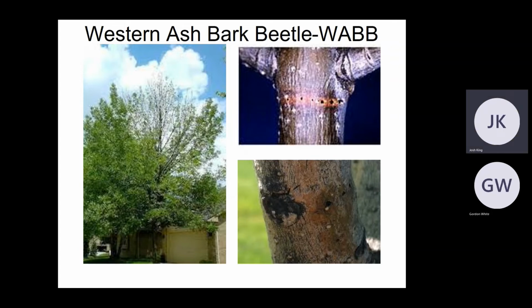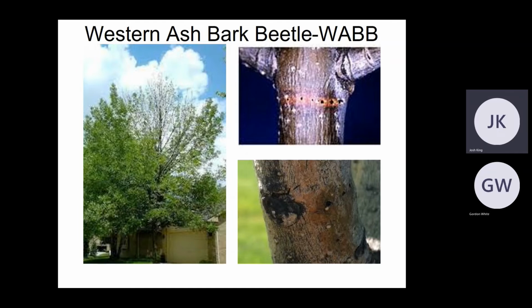Green ash is what it targets, and it typically attacks the ends, the smaller twigs, but it can start to attack some bigger branches too. But typically we're talking about a diameter of a few centimeters, a couple of inches or less.